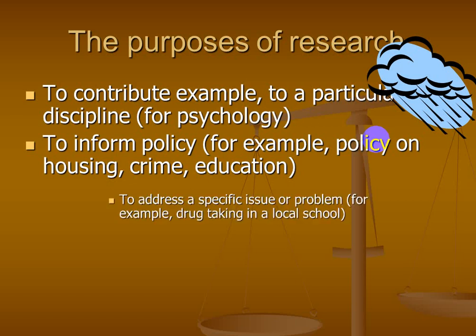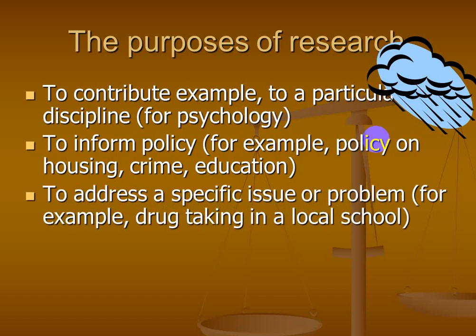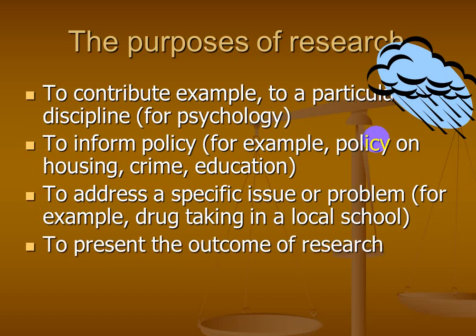The third one is to identify a specific issue or problem, such as truant children in a local school, for example. Next is to present the outcomes of the research.